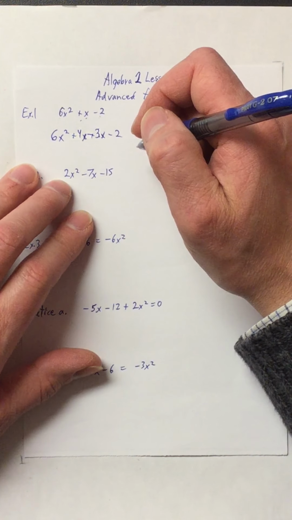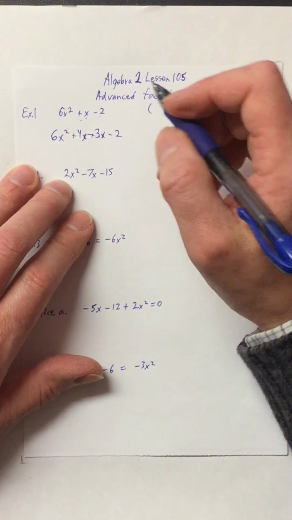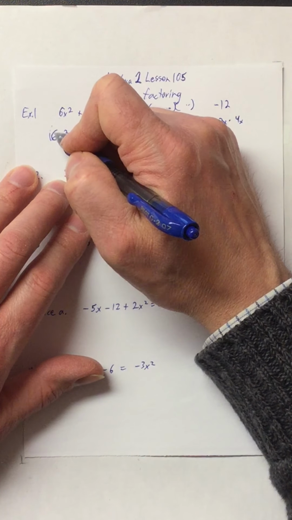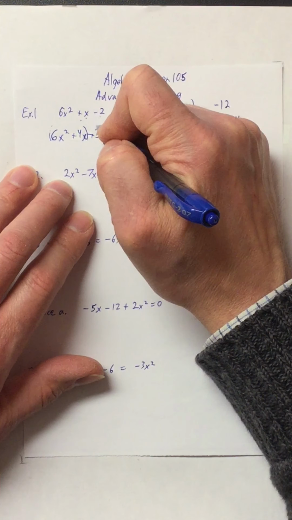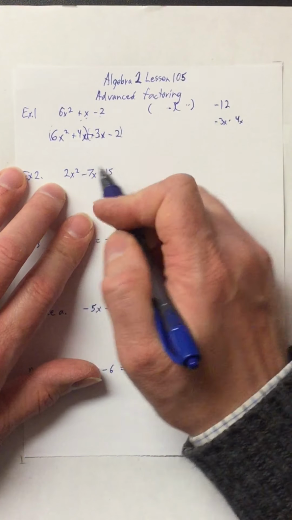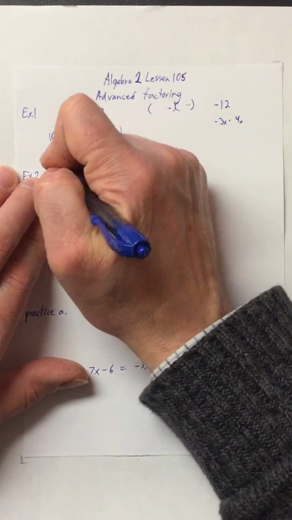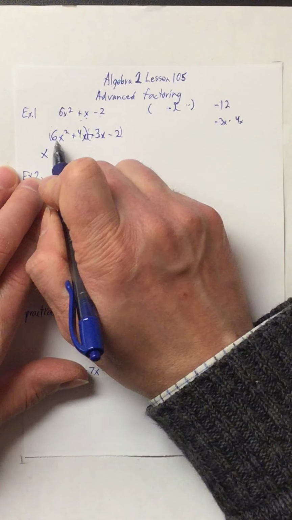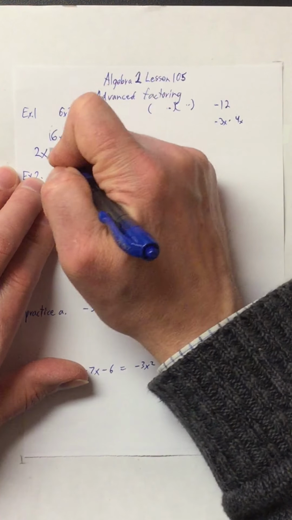And then my next step here is to factor out. I'm going to look at just these first two terms, and then just the second two. In the first two, we can factor out an x, and we can also factor out a 2.